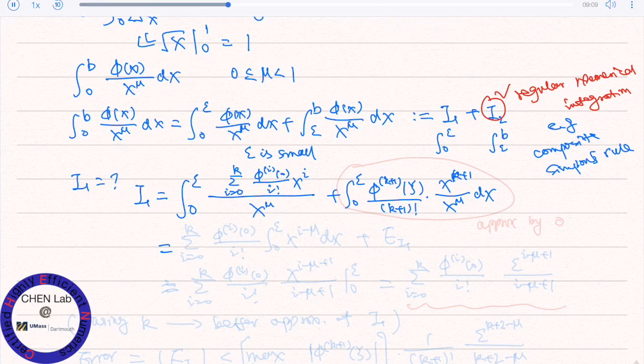And what is this? This is the integral of a sum, so we can switch the order. You're going to get the sum from i equals 0 to k, and the coefficients are constants. So we have phi i's derivative at 0 divided by i factorial, times the integral from 0 to epsilon of x to the i divided by x to the mu, that's x to the i minus mu, dx.